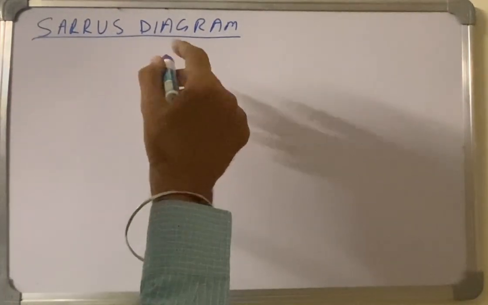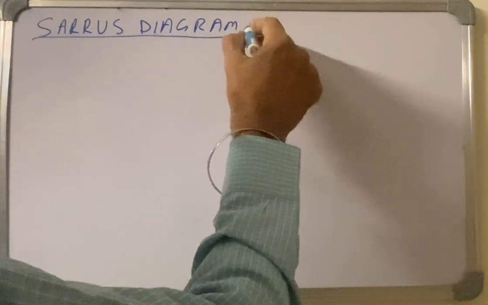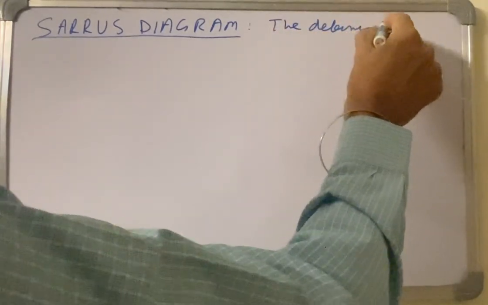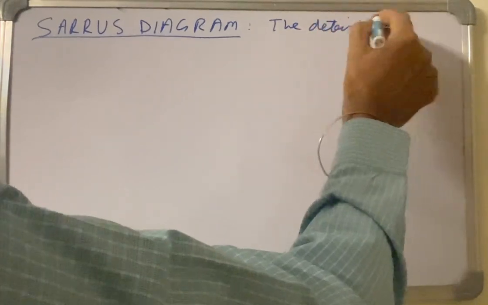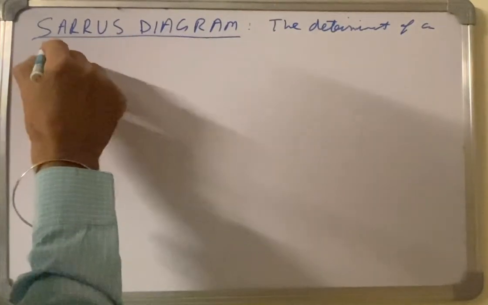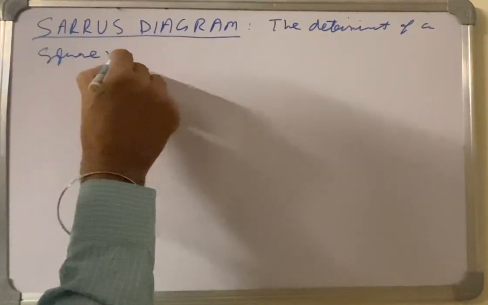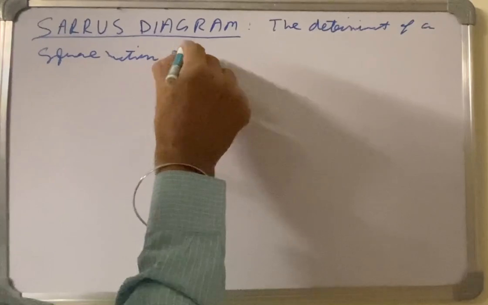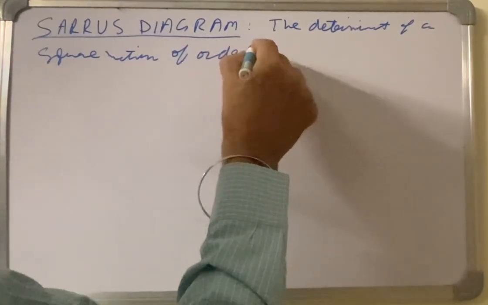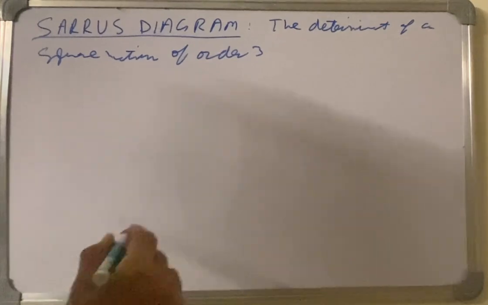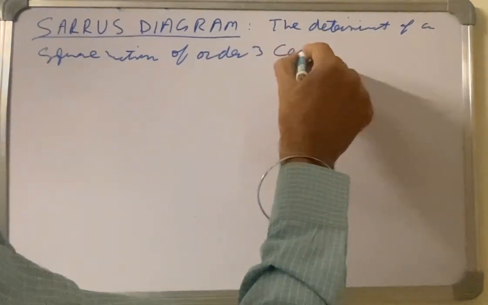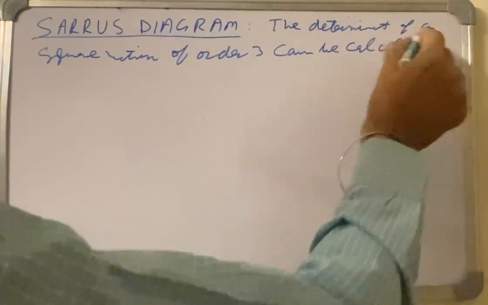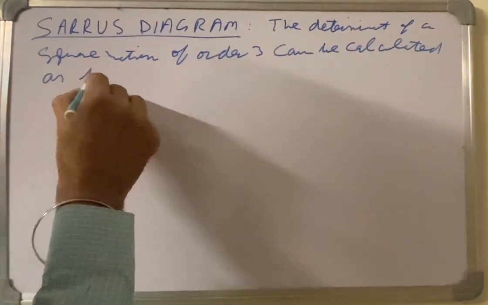The determinant of a square matrix of order 3 can be calculated as follows.